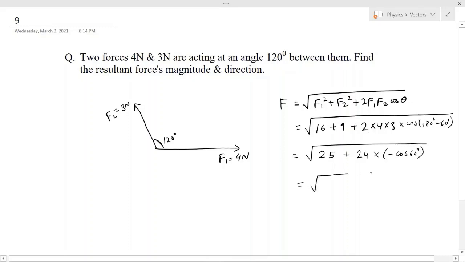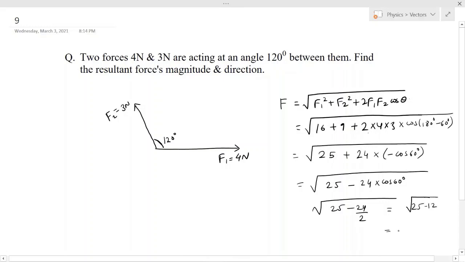So this becomes square root of 25 minus 24 times cos of 60. Cos of 60 is half, so this becomes square root of 25 minus 24 by 2. So this becomes square root of 25 minus 12, which is nothing but square root of 13. So square root of 13 Newton is the resultant force F.